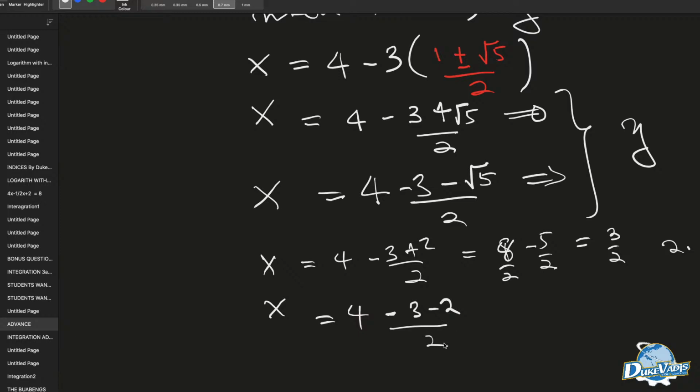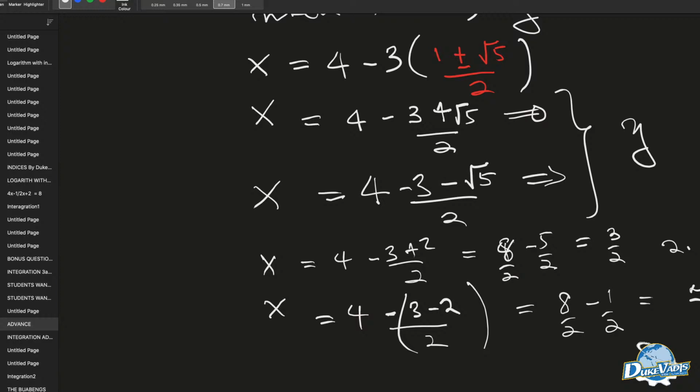So when we do that, the 3 minus 2 will be a half. So it's 8 over 2 minus a half, and this will give us 7 over 2. So now we know the values of x. So that is how we go about this equation.